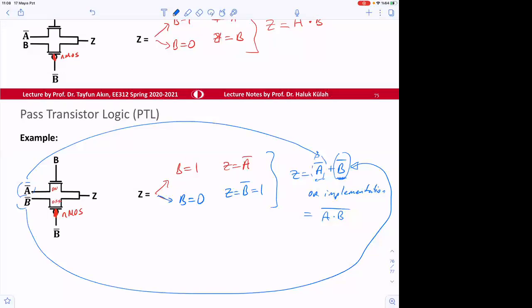You can just play with the inverses and other things, and then you can get AND, OR, NAND, NOR, those kinds of different cases. So other than the voltage drops, if we ignore the voltage drop cases, then we can implement these again with only two transistors.